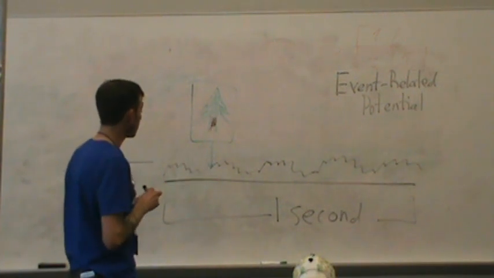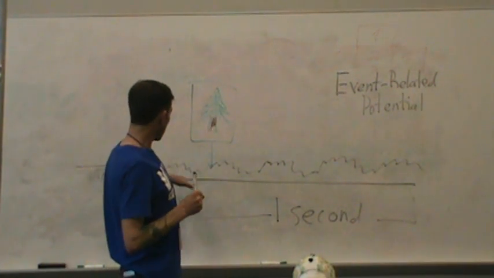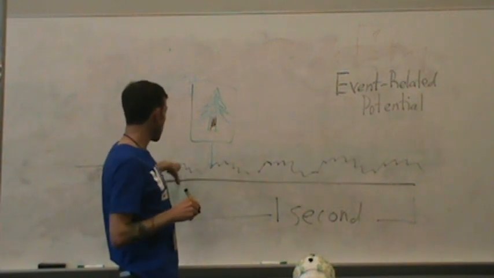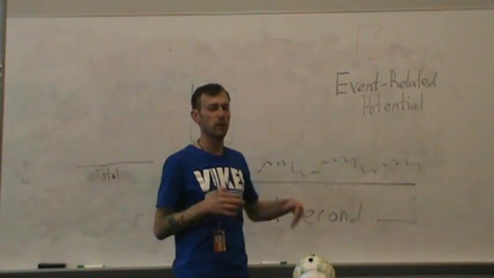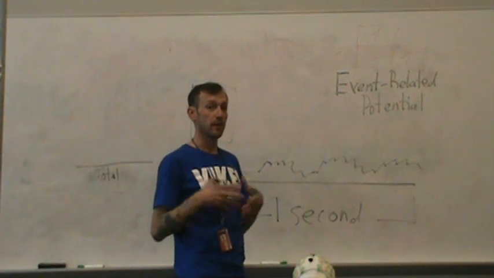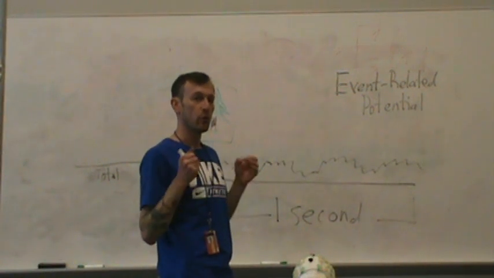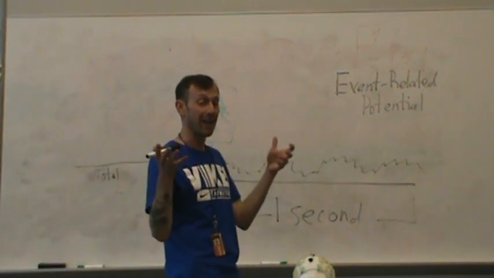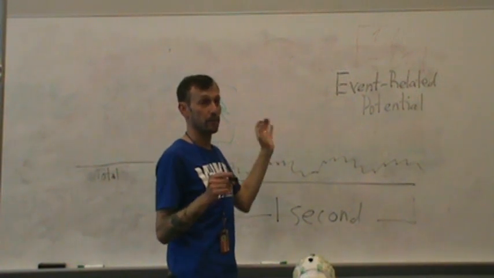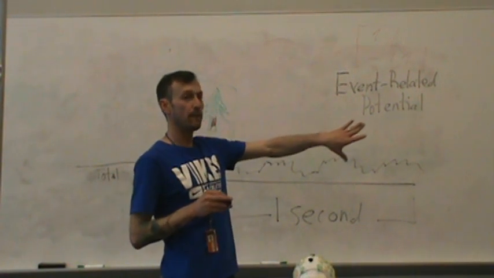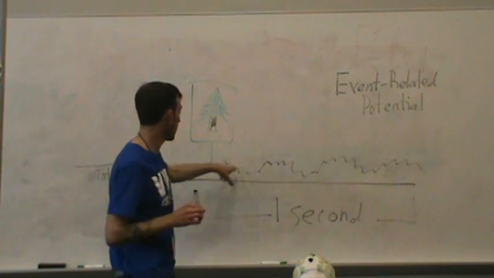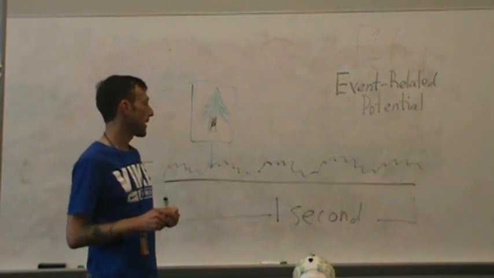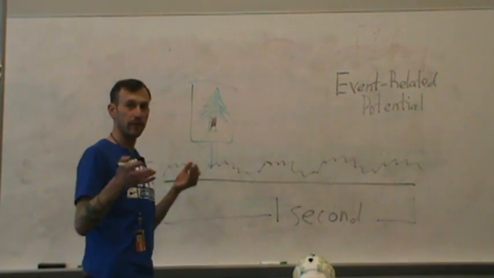Makes sense here, right? So, here's our drawing from earlier, and this is the total EEG, which we know is actually the summation of rhythmic activity or oscillations in a number of different frequencies. But we're going to forget about that, and just look at the total EEG signal here, and pretend that we have an event.